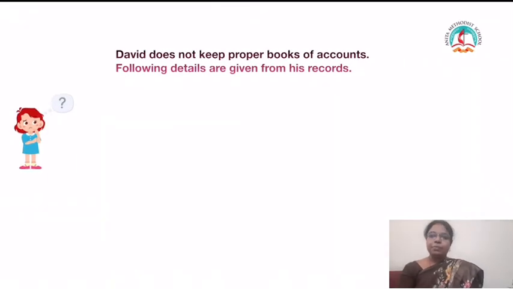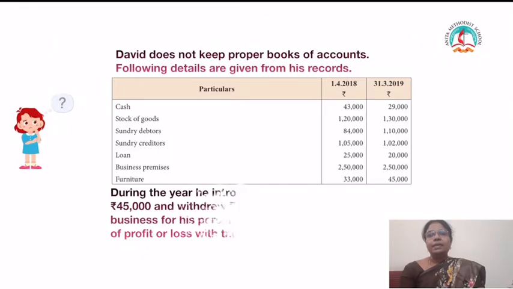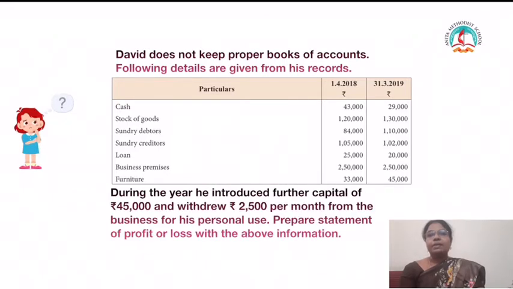Now the next problem is, David does not keep proper books of accounts. Following details are given from his records: cash, stock of goods, sundry debtors, sundry creditors, loan, business premises, furniture.